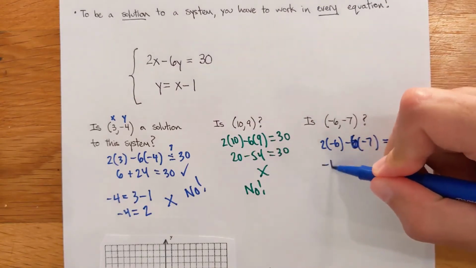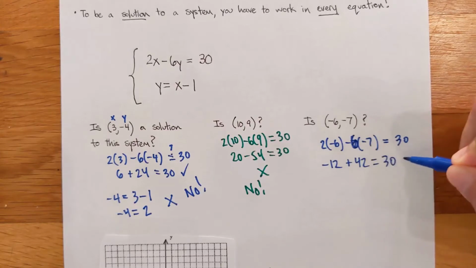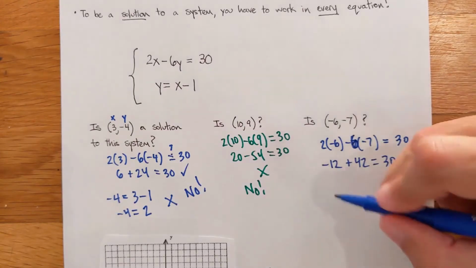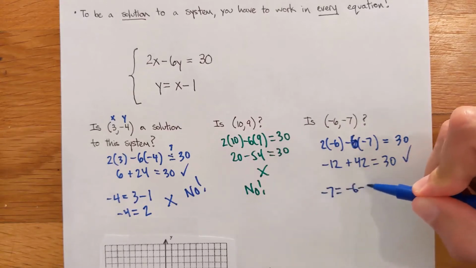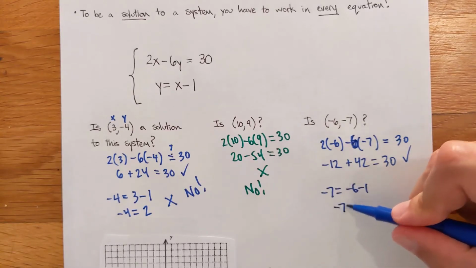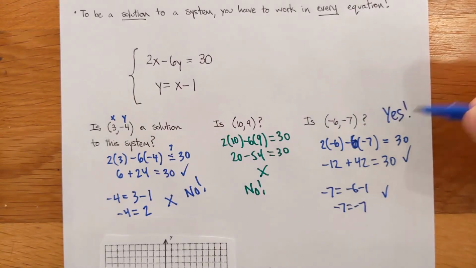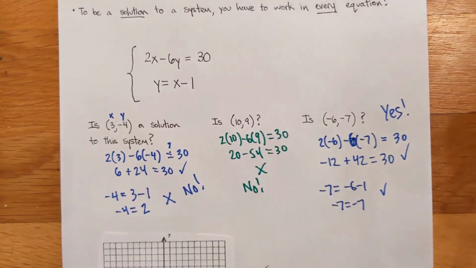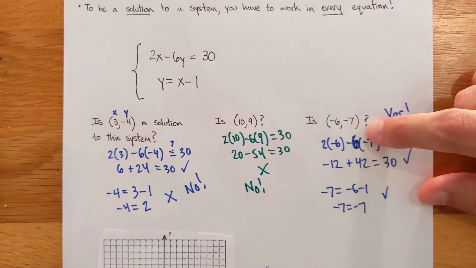And when I do that, I'm going to get negative 12 plus 42 equals 30. Cool, yeah, that works. And then on my second equation, I have to do negative 7 equals negative 6 minus 1, which does equal negative 7. So it works in both. This is going to be a yes. So if I give you a coordinate, you should be able to tell me if it's a solution or not by plugging it in.